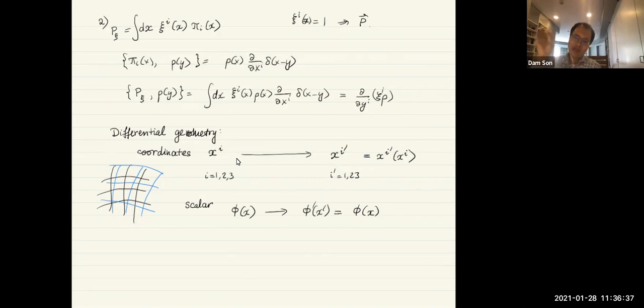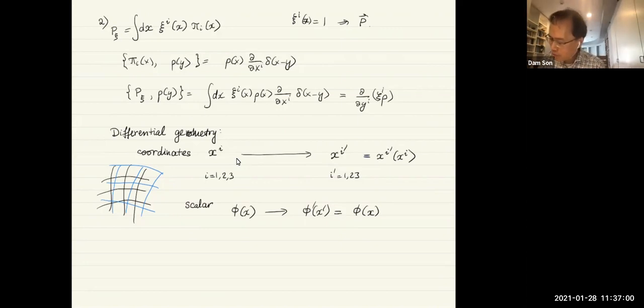So basically it's the same function, the same dependence over space, but written in a different system of coordinates. The meaning of this formula is just replacing old coordinates by new coordinates.